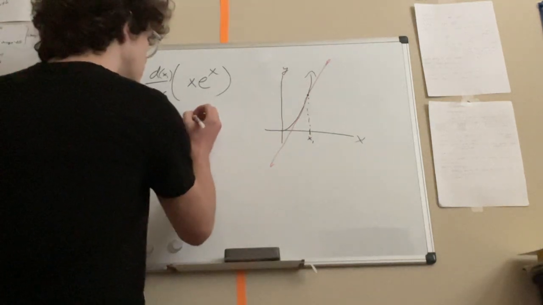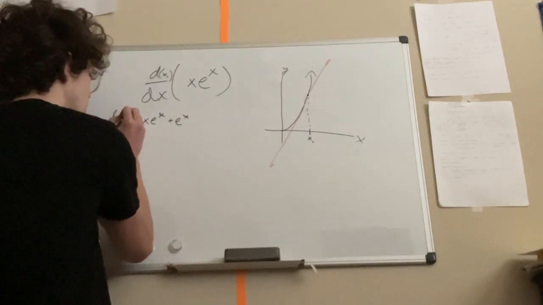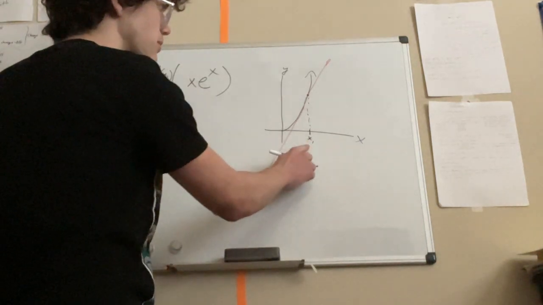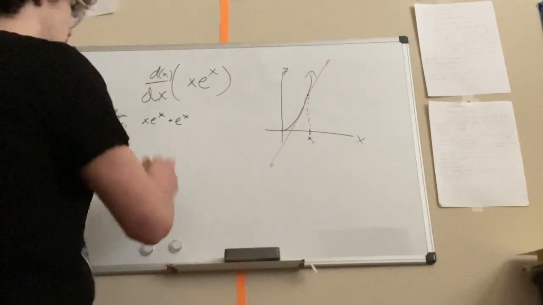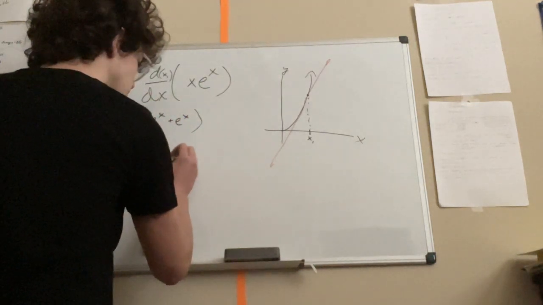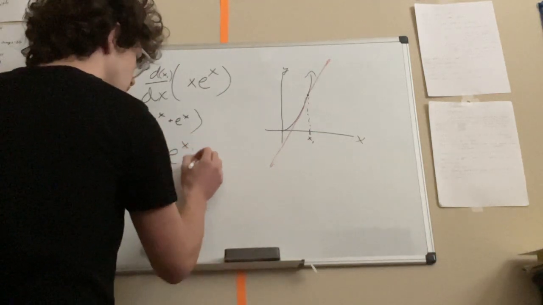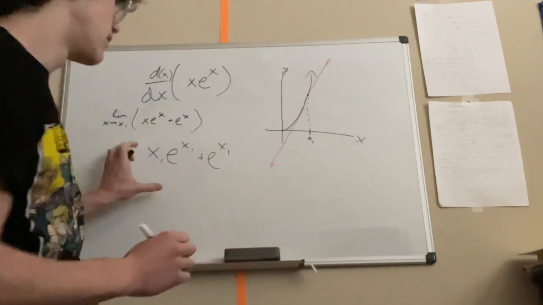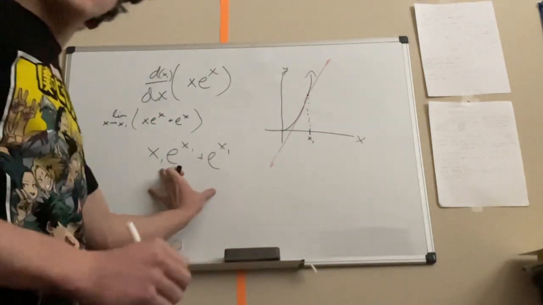And then we find the limit as x approaches x1. So whatever point we're finding the slope at, we would just have x1 times e to the x1 plus e to the x1. And then this would be whatever slope it is.